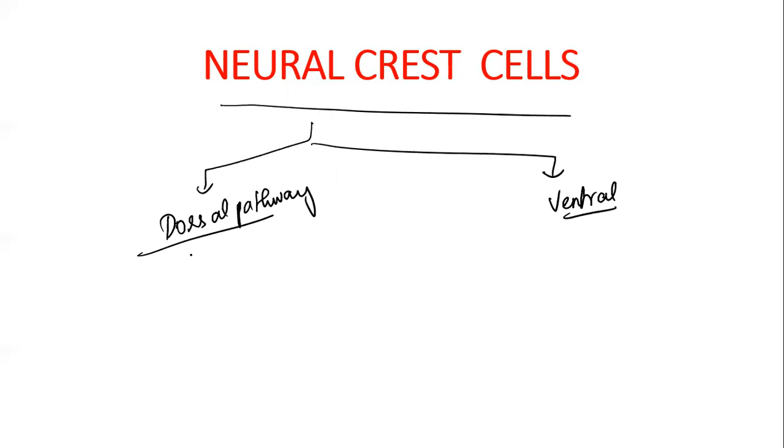Through the dorsal pathway, it gets to the dermis. So D for D: dorsal pathway, dermis, and it forms melanocytes.